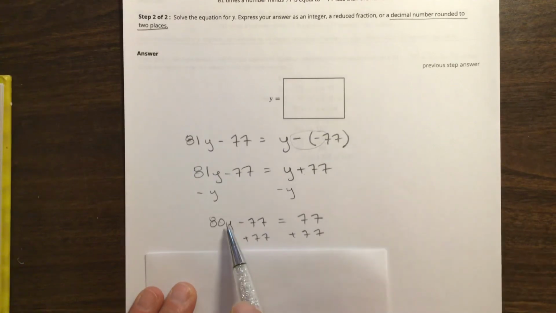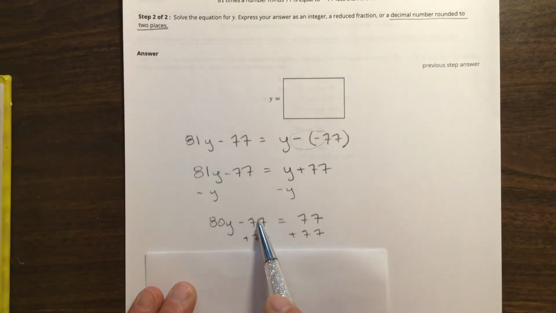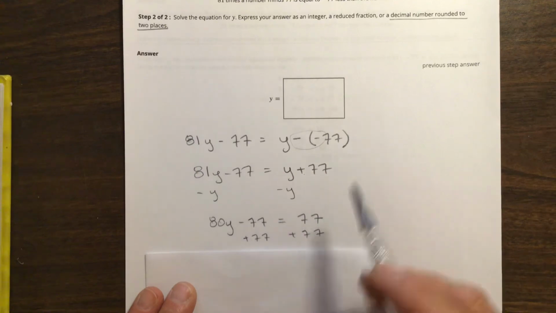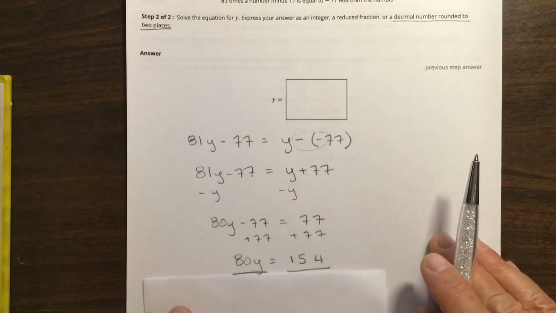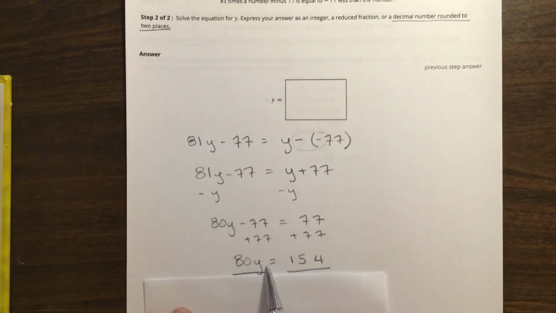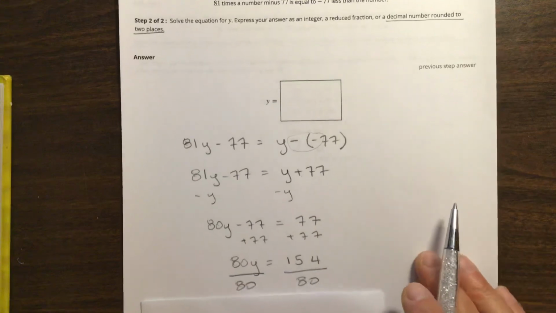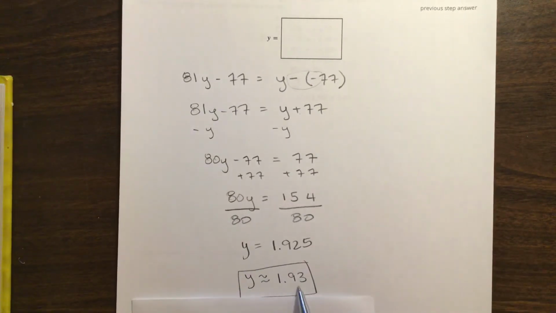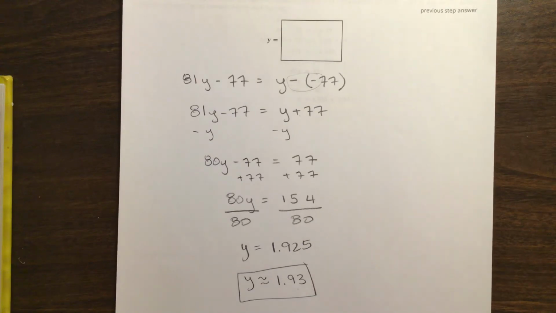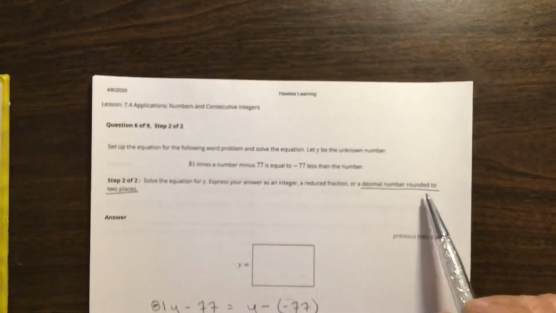And here, that's going to leave me with 80y, 81 minus 1, minus 77 equals 77. And then we want to get these 77s together by adding them to both sides. That's giving us 80y equals 154, and then we're just dividing by 80 on both sides and rounding to 2 places. And it does tell us to round to 2 places.